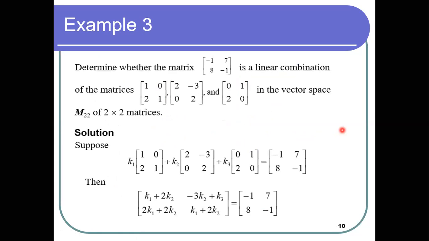Let me explain this with the help of another example from matrices. Determine whether this matrix is a linear combination of these given three matrices in the vector space of 2 by 2 matrices.